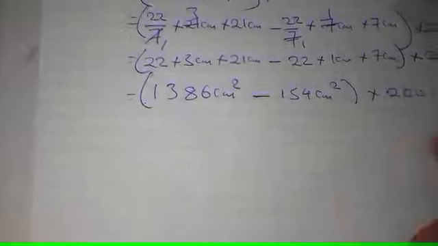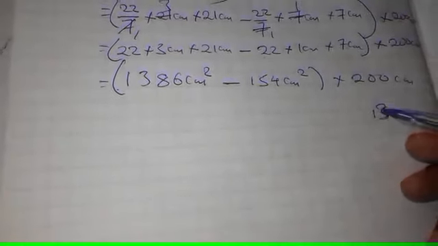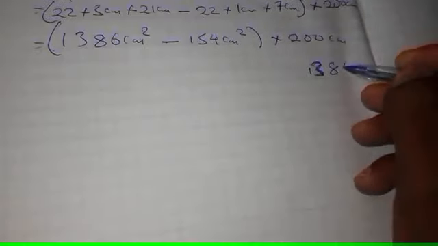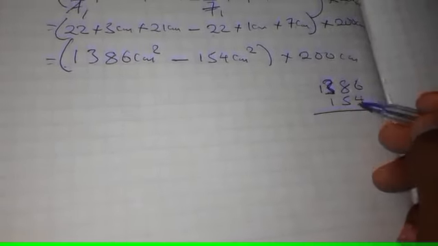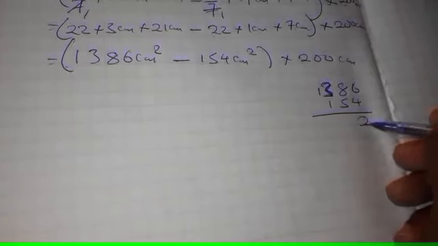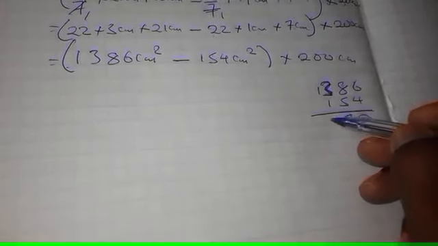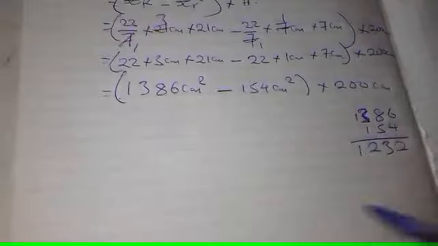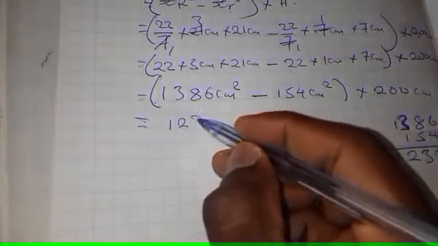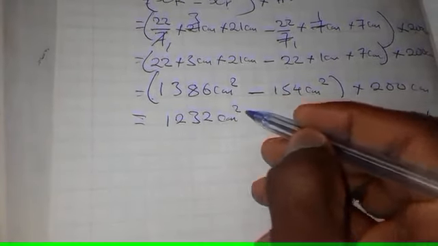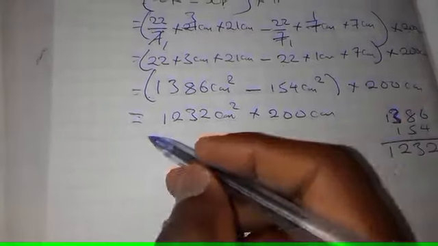So let's subtract this minus this. So that's 1,386 minus 154. 6 minus 4, that's 2. That's 3, that's 2, and that's 1. Means here we have 1,232 square centimeters multiplied by 200 centimeters.